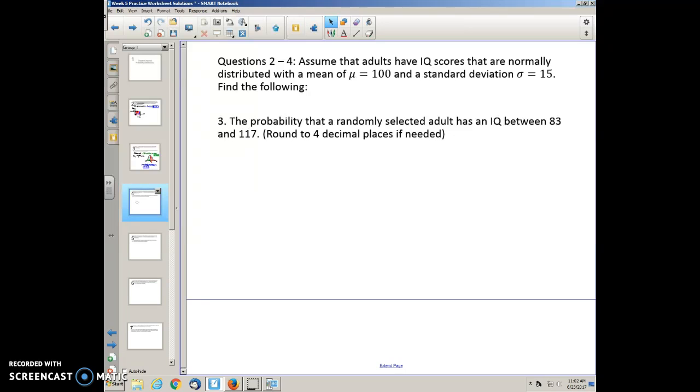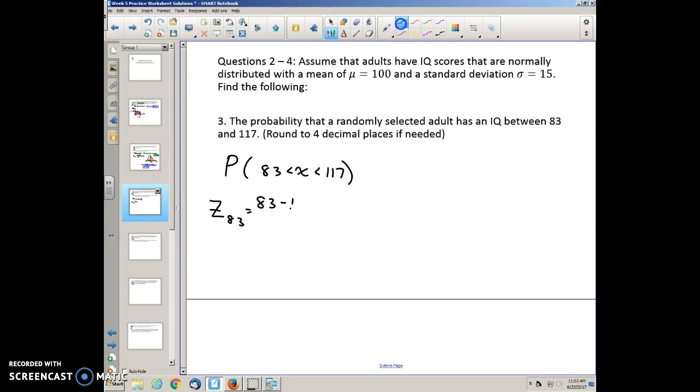All right, same population mean and population standard deviation. We now need to find the probability that a randomly selected adult has an IQ between 83 and 117. So we want probability that X is between 83 and 117. We need to convert both of these to a z-score.